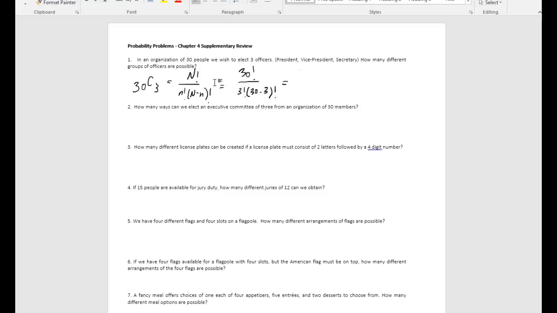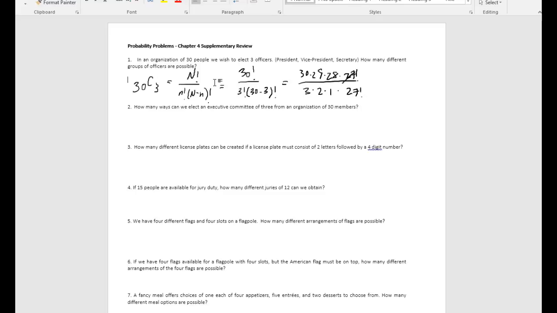Which is going to be 30 times 29 times 28 times 27, and then I'll keep 27 as 27 factorial. You'll see why in a second. And then 3 times 2 times 1 times 27 factorial.